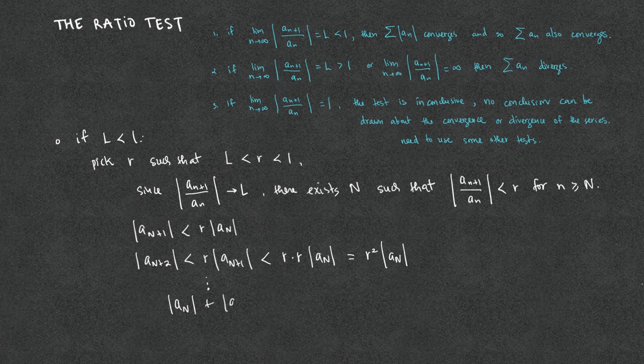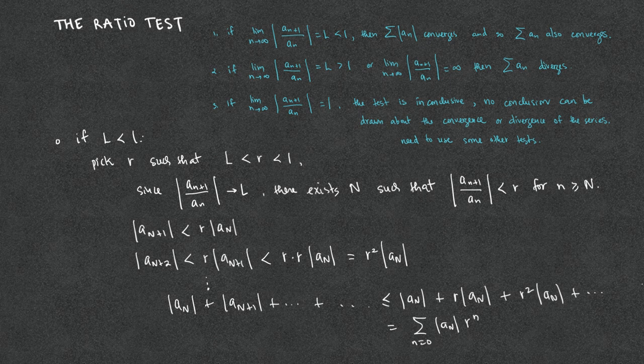And so if we were to look at the infinite sum starting from a sub N, we see that this sum is less than or equal to a sub N plus r a sub N plus r squared a sub N, and so on. And this is the sum of a sub N r to the n, as n goes from 0 to infinity.